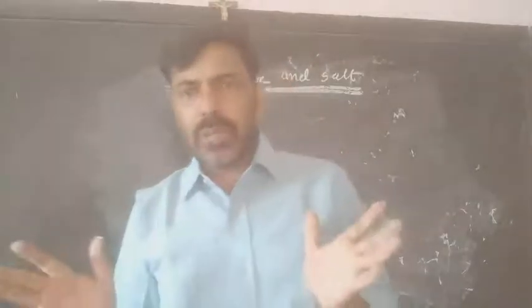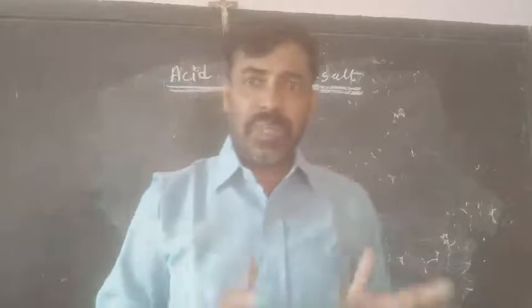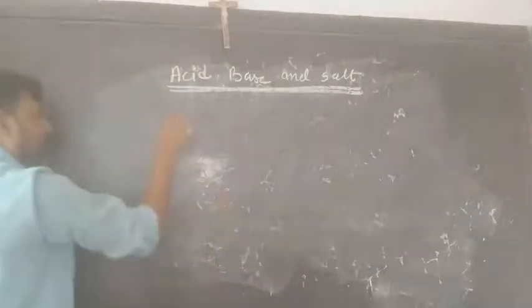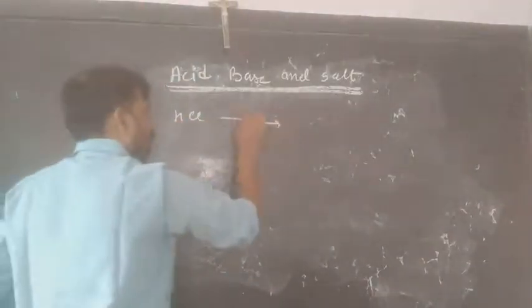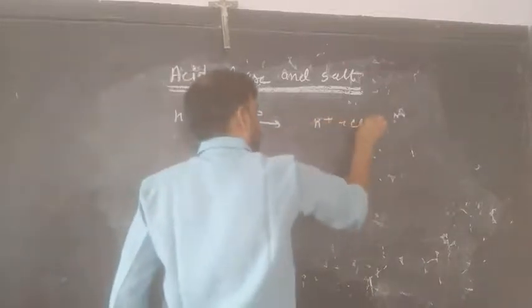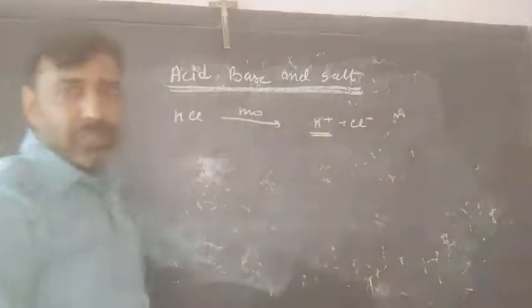So all those compounds which are capable of liberating the H+ ion or the hydronium ion in their aqueous solution are considered as an acid. For example, HCl in its aqueous solution gives H+ and Cl-, that means it is capable of liberating the H+ ion.